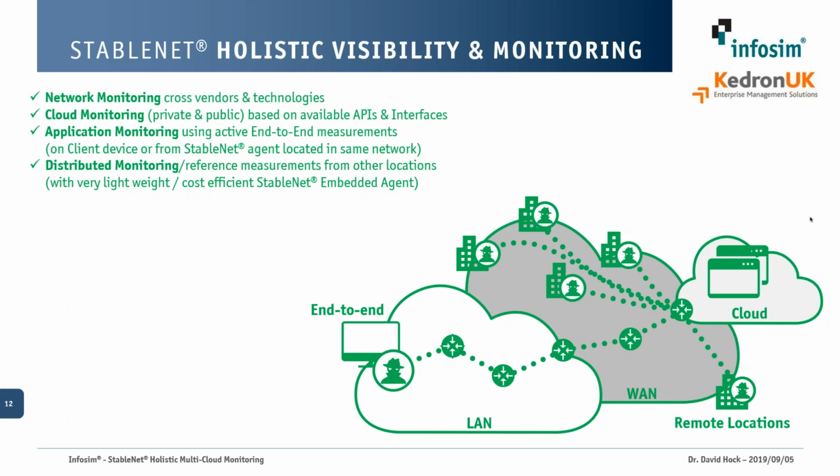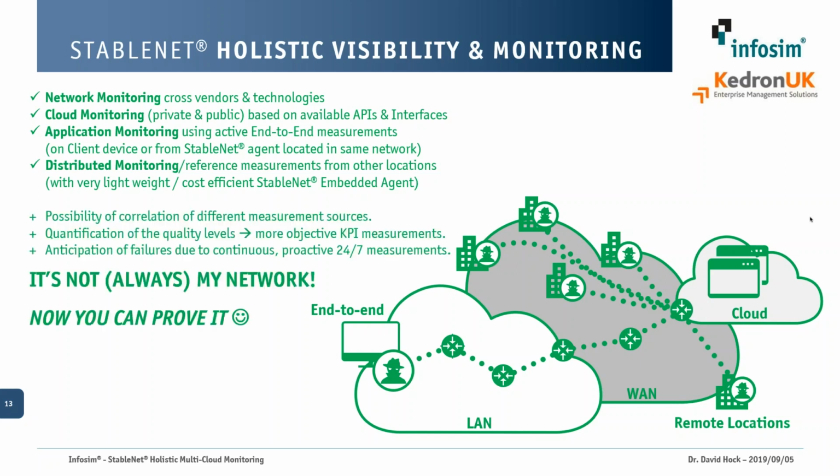Typically we are using small Intel-based embedded devices running the StableNet agent, and from there we can also do, in this use case, the same Office 365 measurements. So instead of just monitoring from one side of your company, you could monitor from a lot of other remote locations as well. And if someone is calling, you could find out if it's really a problem of the location or rather a problem of the service itself.